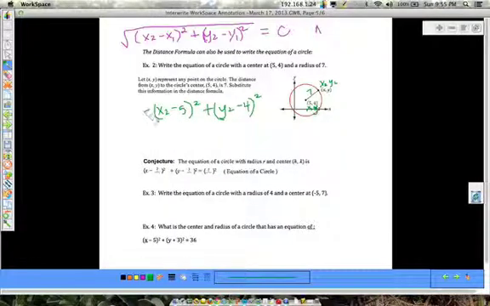And we're saying that equals, if I draw in my right triangle, here's my differences in x, here's my differences in y, and this part is my hypotenuse squared, equals 7 squared.